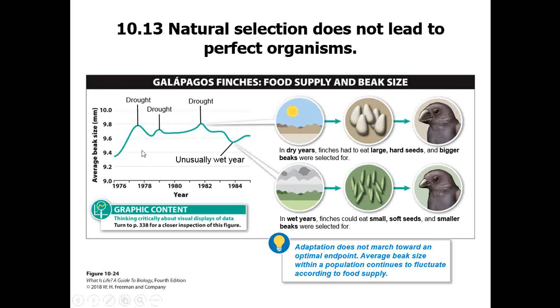And they noticed that during dry years, the beak size in millimeters went up. During really dry years, what the finches had to work with as far as food was these really hard, large seeds. Having a bigger beak depth, which gave them more torque to crack nuts and crack seeds, was advantageous in that time. The ones that had the deeper beaks like this did better.